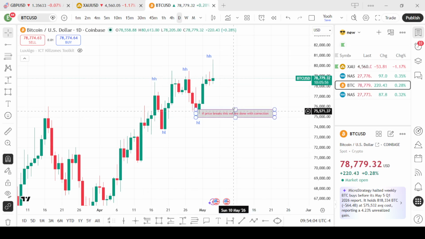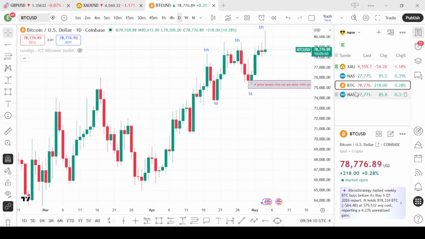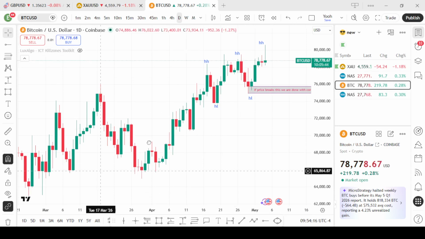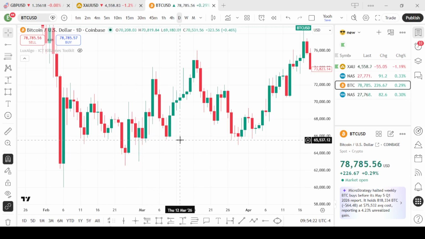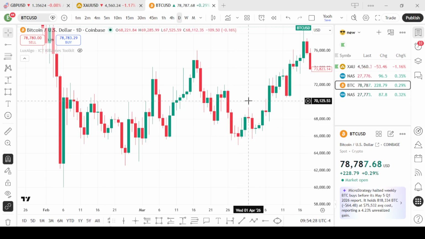If price breaks this, we are going to form a higher low, and we will know for sure that our correction is done, because you can see it was forming higher highs. It gave us a little pullback.